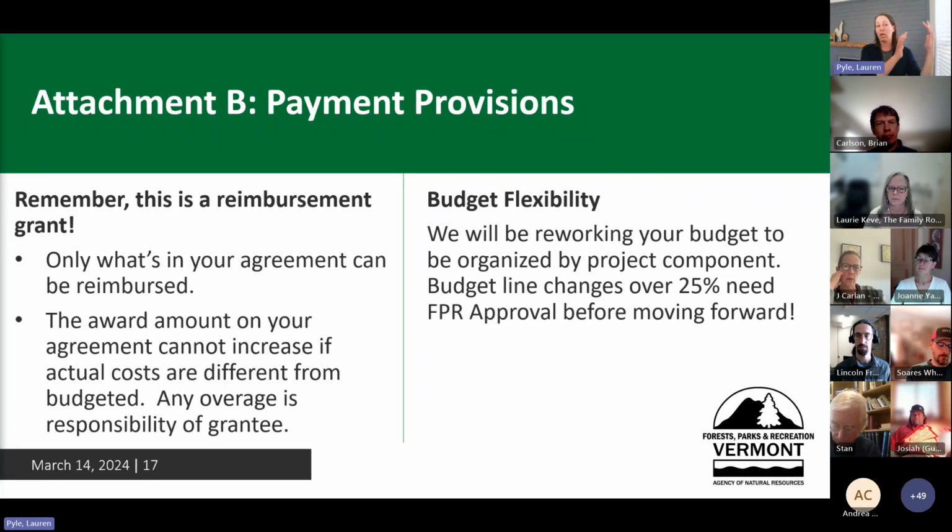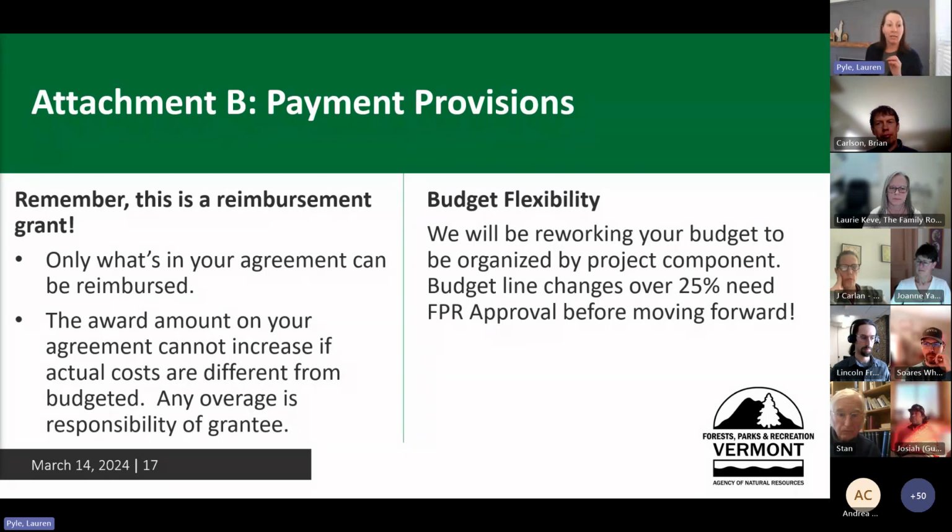So all the costs associated with, say, this trail building work or this trail improvement work are lumped together, and all the costs for your marketing work are lumped together, and all the costs for your supplies and equipment are lumped together. We're going to put those together in your budgets, in your grant agreements.